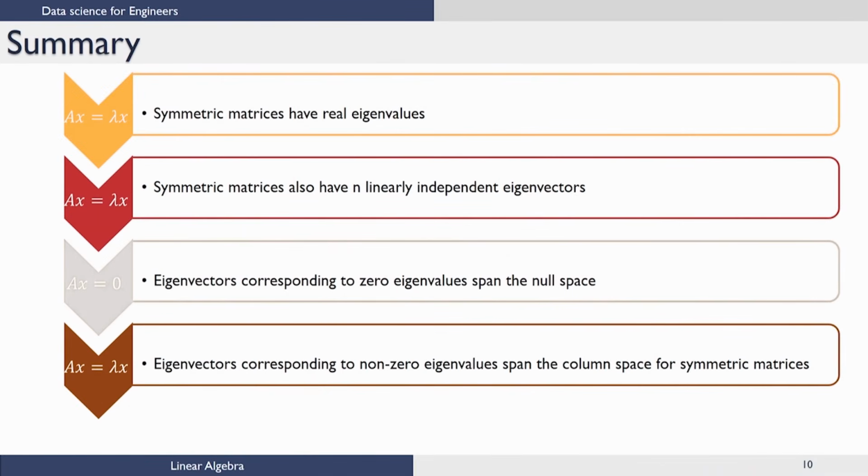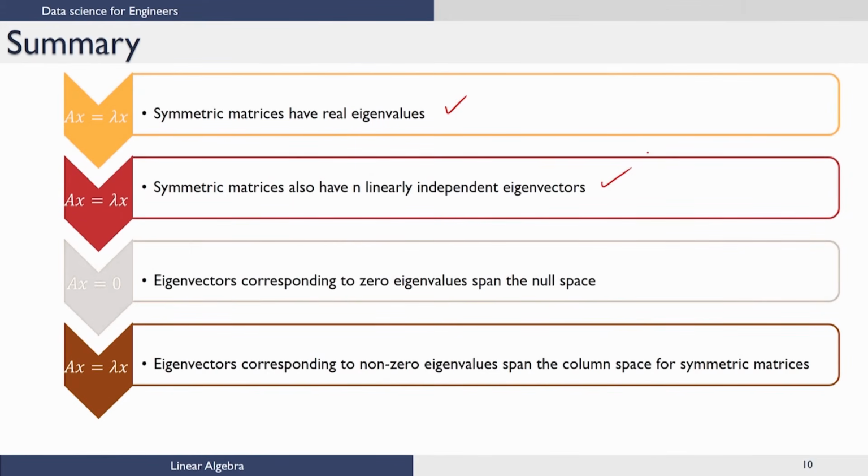To summarize, we have A x equal to lambda x, and we largely focused on symmetric matrices in this lecture. We saw that symmetric matrices have real eigenvalues, and that they have n linearly independent eigenvectors.